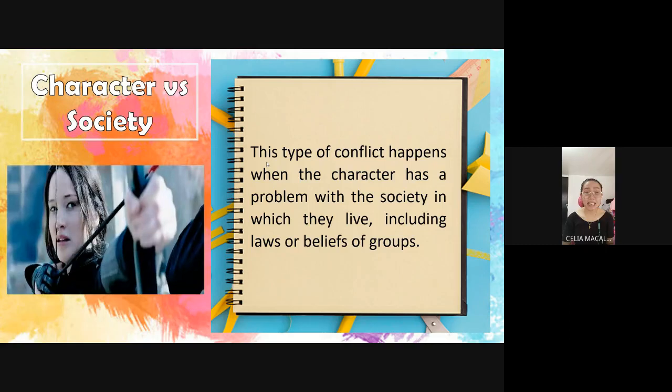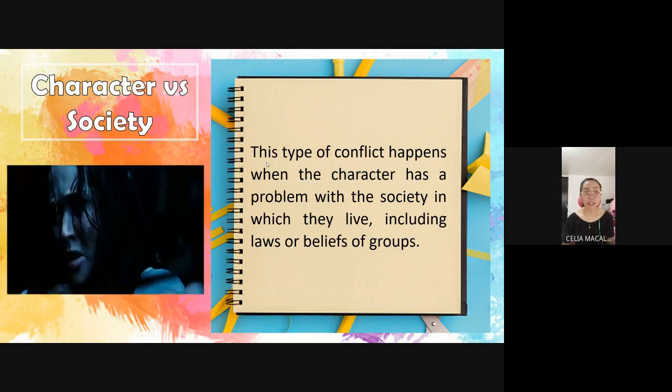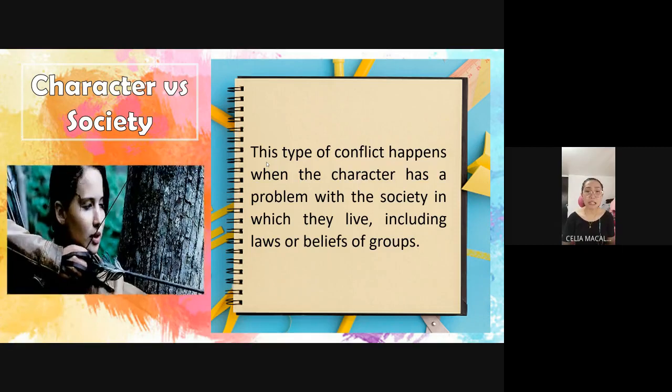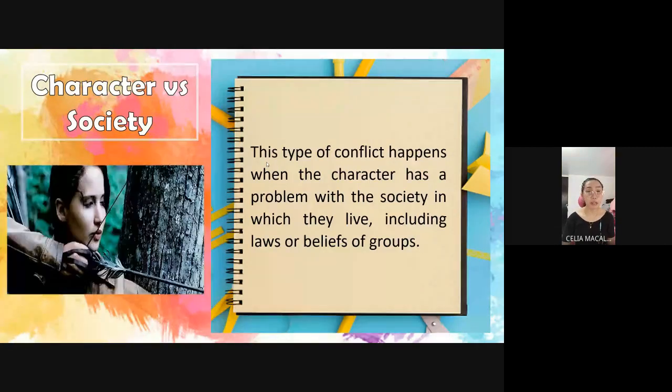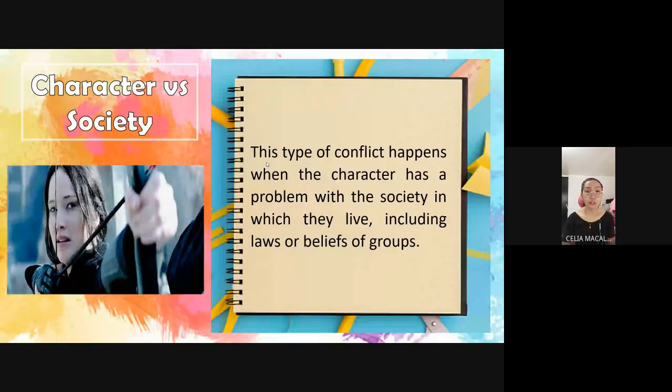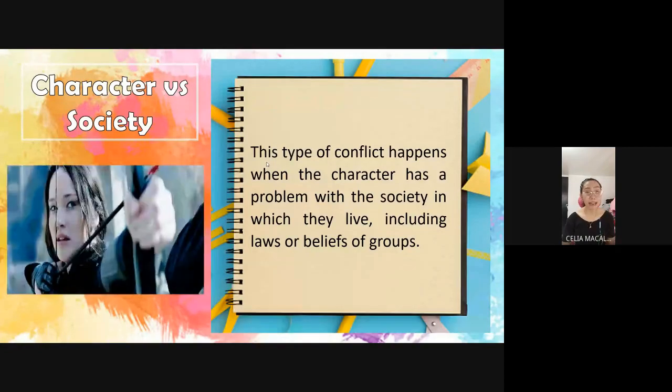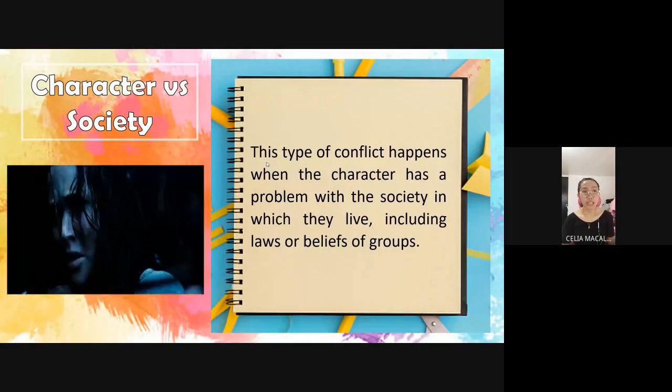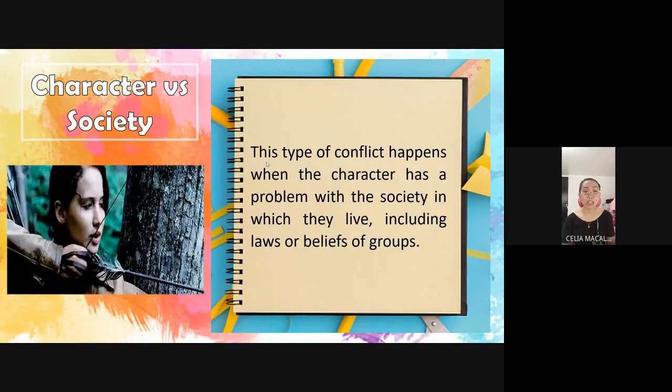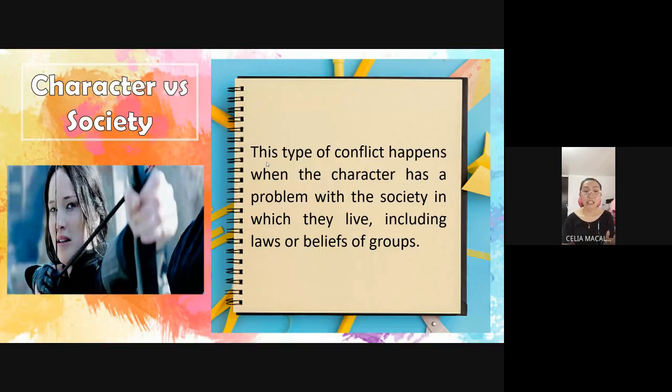That is Katniss Everdeen from the movie Hunger Games. She tries to put a stop to the corrupt Capitol's rule over their Panem. So that's why it is called character versus society, because she is against the law of their society.